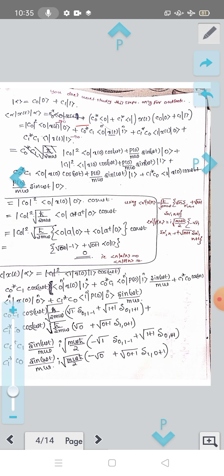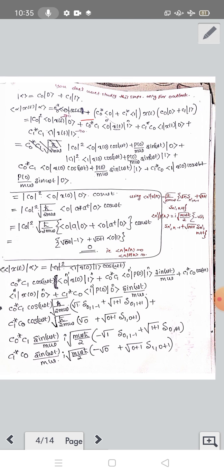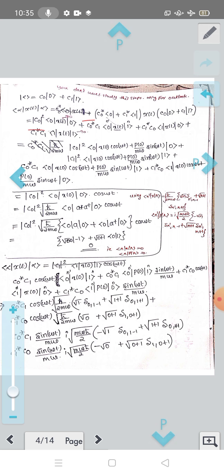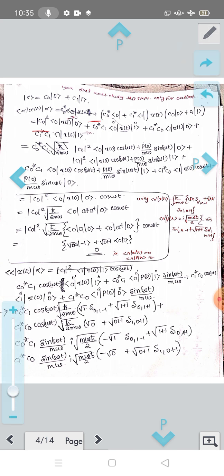Now we apply the value of x of t in the next step. The value of x of t is actually x of 0 cos omega t plus p of 0 by m omega sin omega t. Now we are going to expand this.